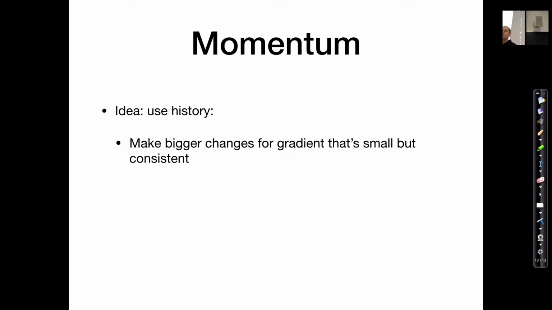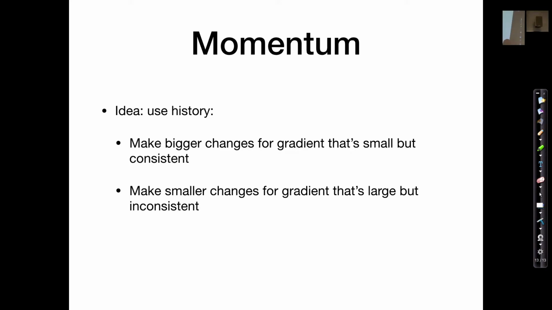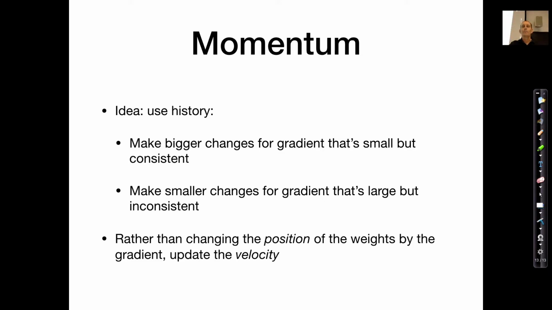Here's the idea. We're going to use history. If we've got a gradient that is small but consistently in the same direction, just like our b example there, make larger changes. Conversely, if we've got a gradient that's large but keeps changing direction, don't go so much. We're not going to change the position of the weights based on the gradient.